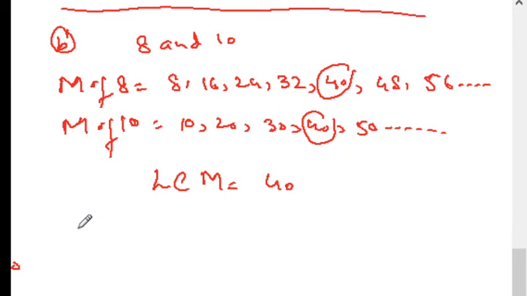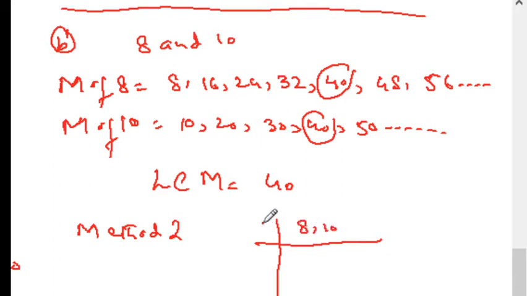Now with the division method, I'm doing the division method here. See here, 8 and 10. I have told you, always use the lowest prime number. So I'm using 2, which is the lowest prime number.